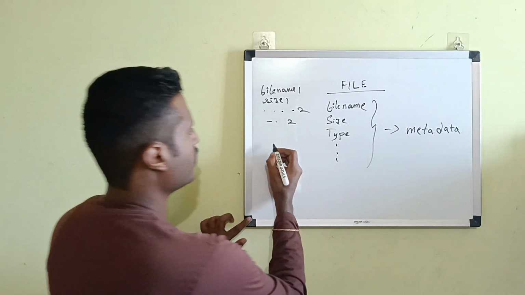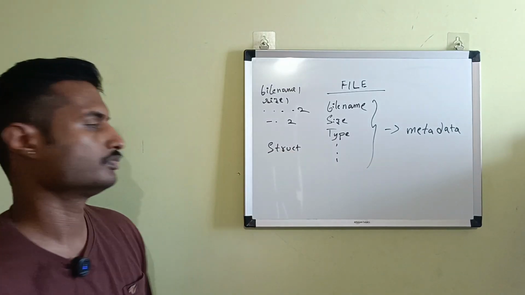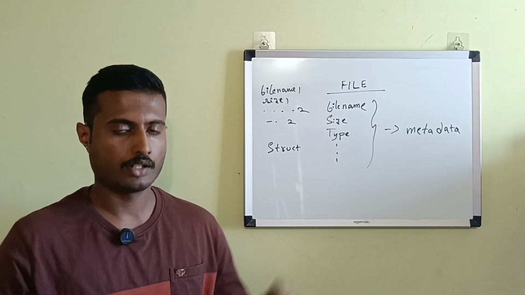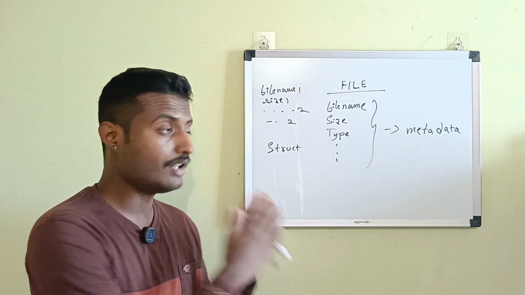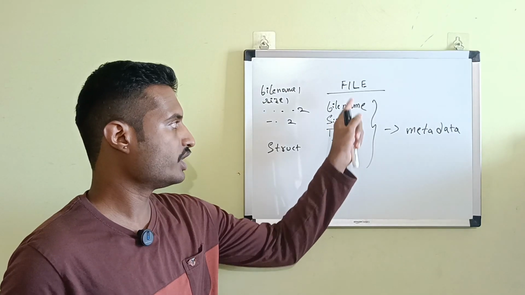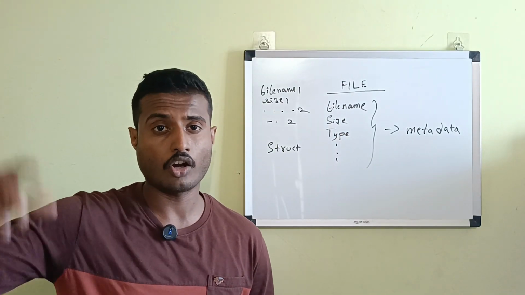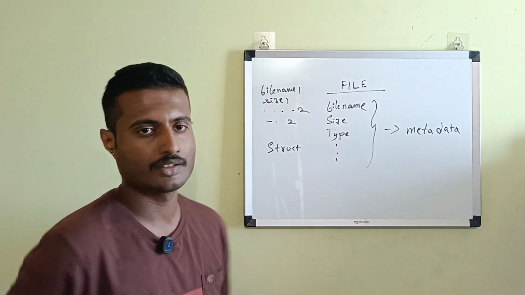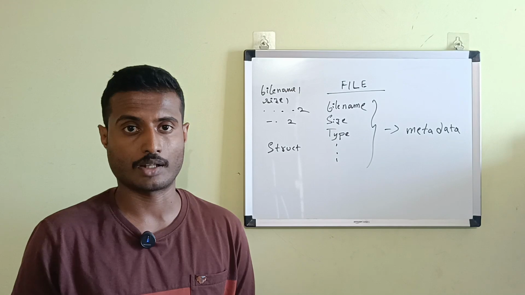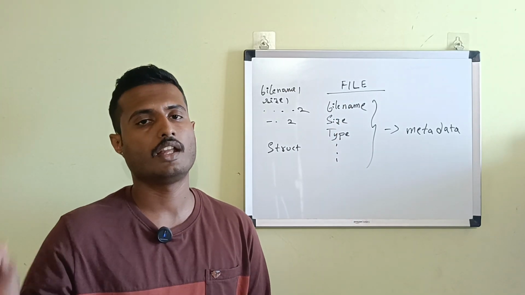In abbreviation, we use struct. We use this data type to give the structure and to tell the compiler, hey, these are all the things that we are going to have in a file. Because if you click on each file, you'll get to see this is constant. It's not changing. The values inside it are changing, but these are all the things that definitely are going to exist in all the files.